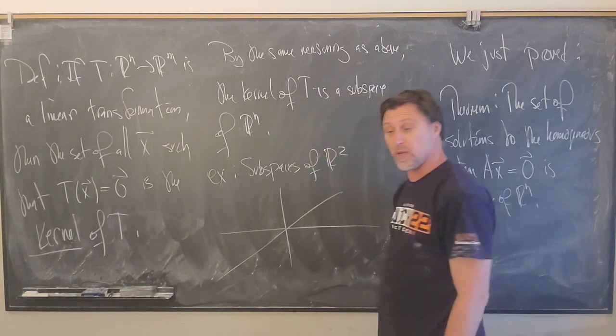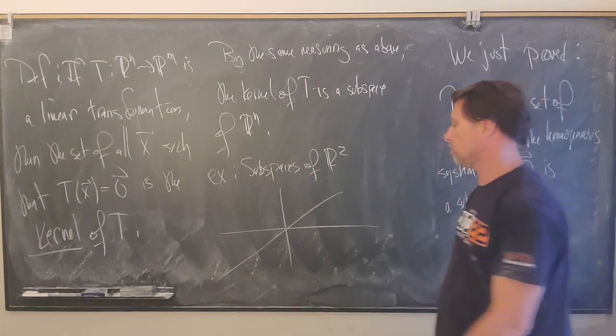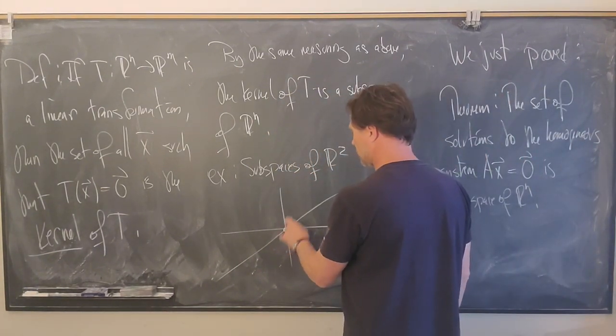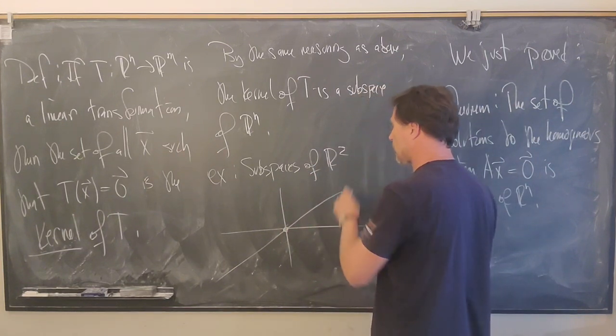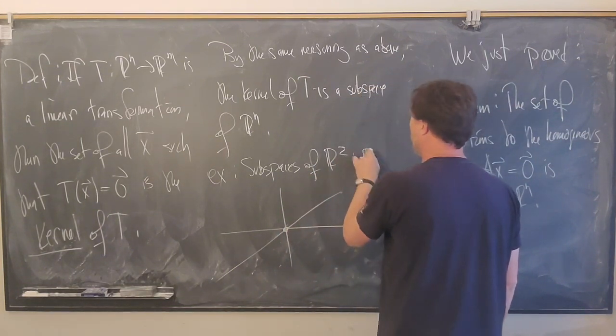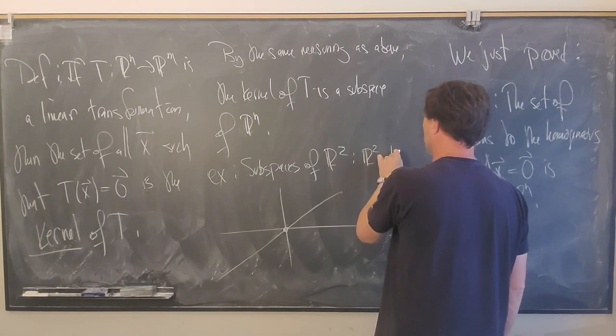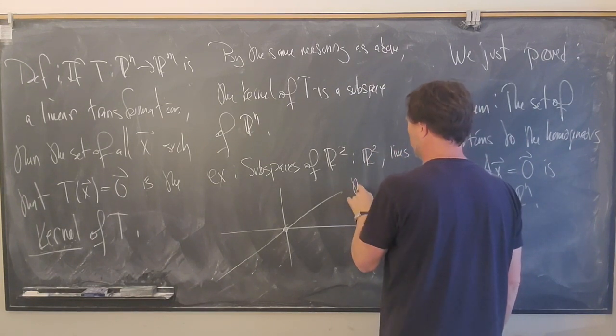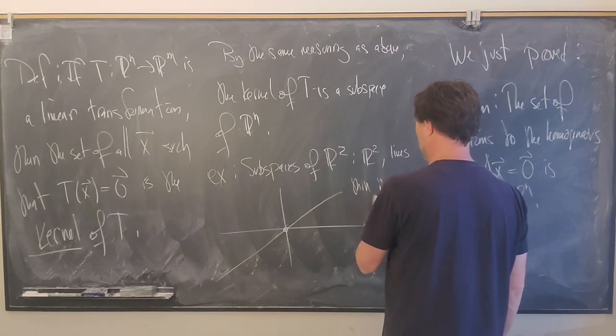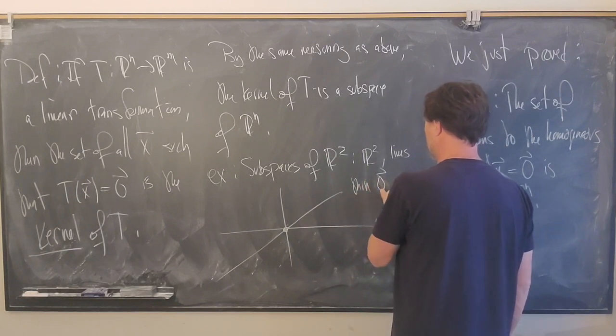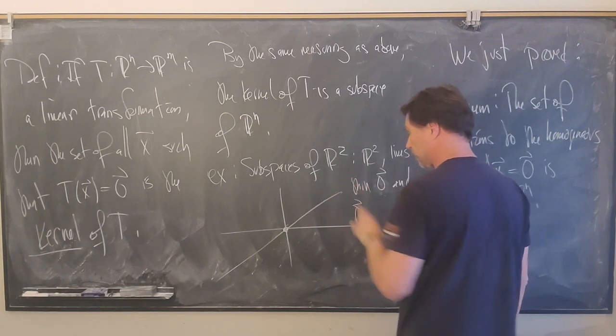Lines through the origin are subspaces, and then the origin itself. So, subspaces of R2: R2, lines through the origin, and the trivial subspace.